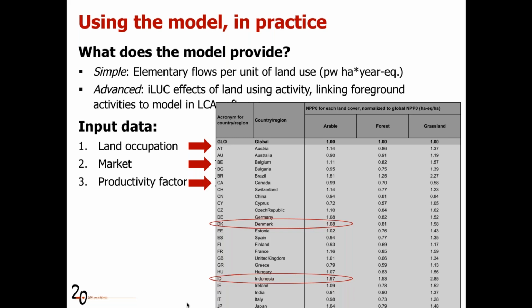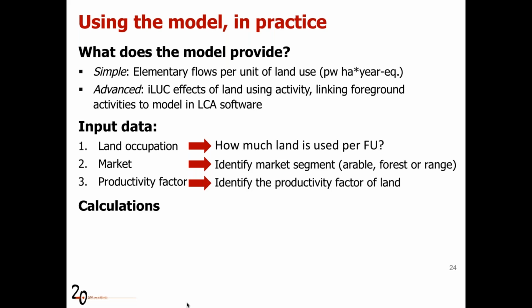This is mainly due to the high intensification level achieved in Denmark. While if you look at Indonesia, the productivity factor is 1.97. So it's almost double the global average, which means that occupying 1 hectare in Indonesia gives you almost twice the productivity than occupied in Denmark, and almost twice the global average. So that's where you need the productivity factor.